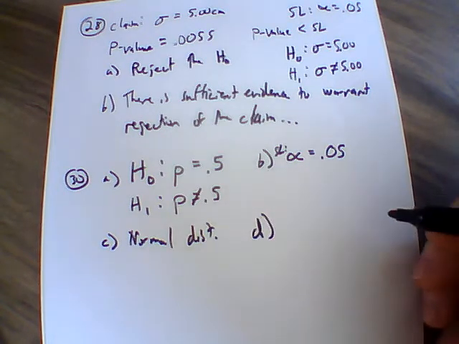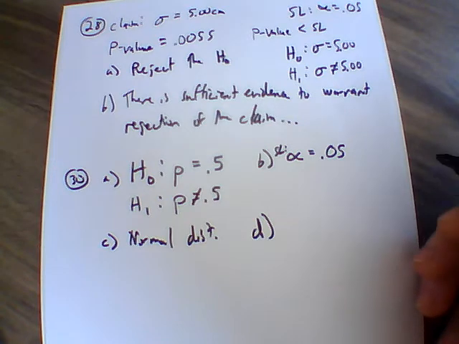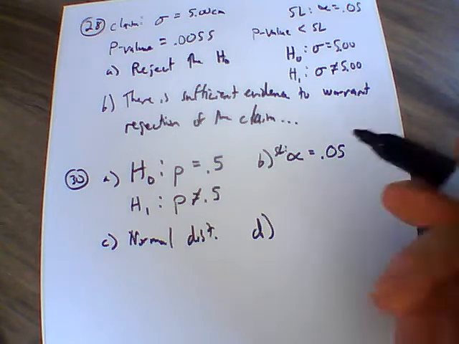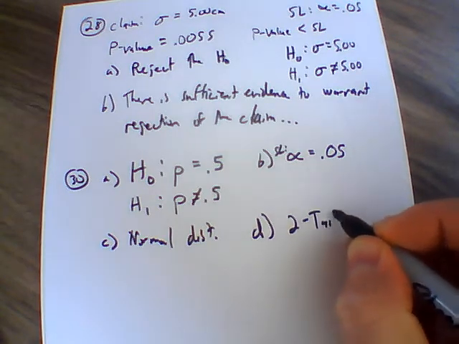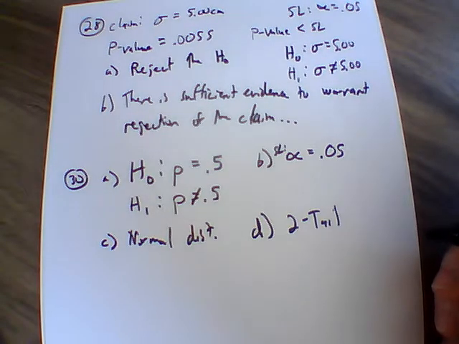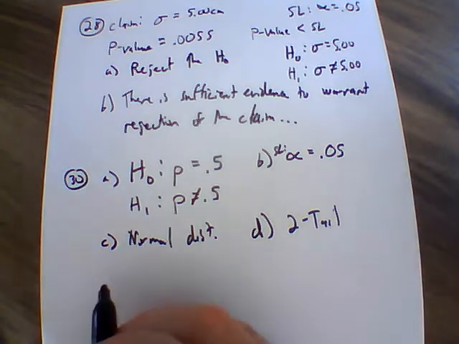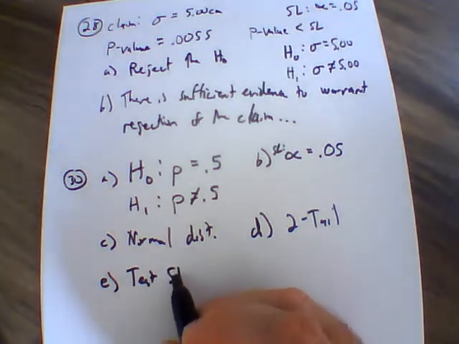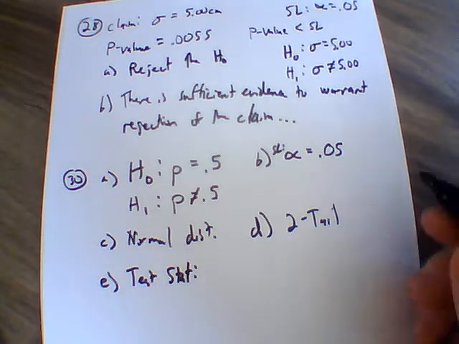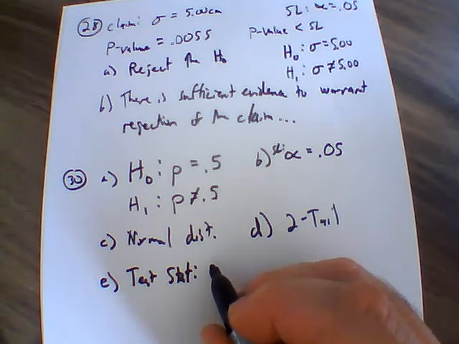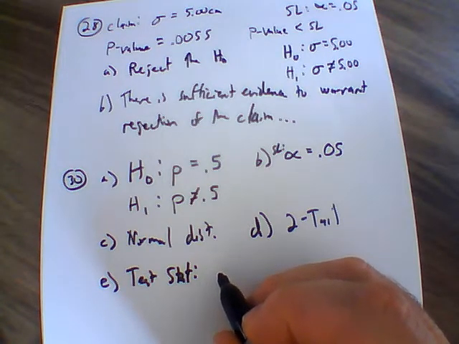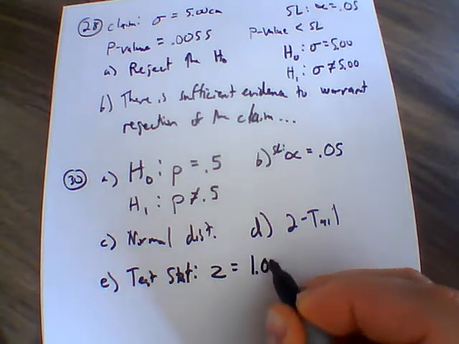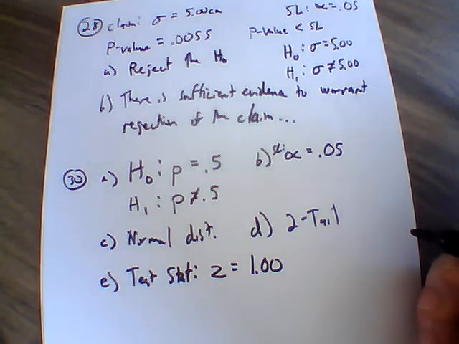Part D asks, is it two-tailed, left-tailed, or right-tailed? Once again, does not equal, so we have a two-tail test. Part E asks for the test statistic. They told us the result is a z-score of 1.00, so z equals 1.00.